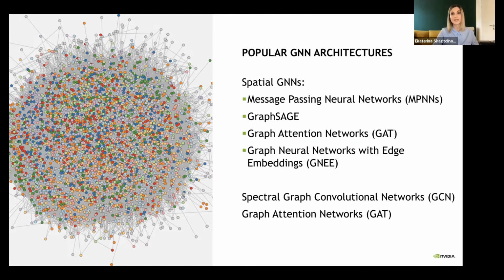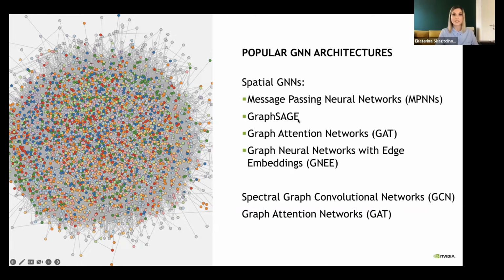In addition to that, and this is a little bit out of scope of this lecture, there are a number of different architectures for doing this. We have popular GNN architectures like the message passing I've described, which uses message passing to propagate information between the nodes in the graph.